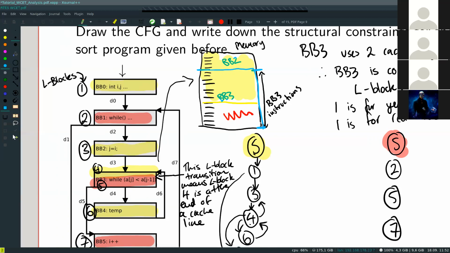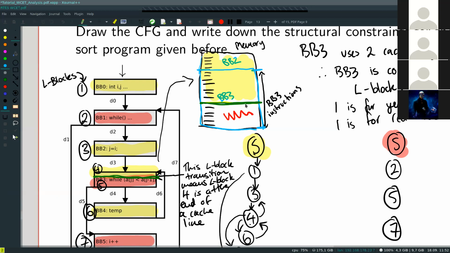This green line is this green line here, which can mean that basic block 2 could potentially sit in the same L block, the same cache line as BB3.